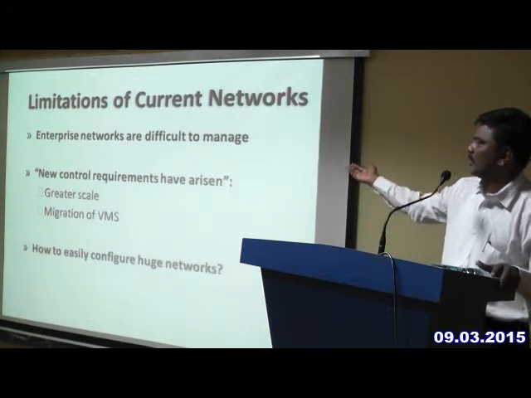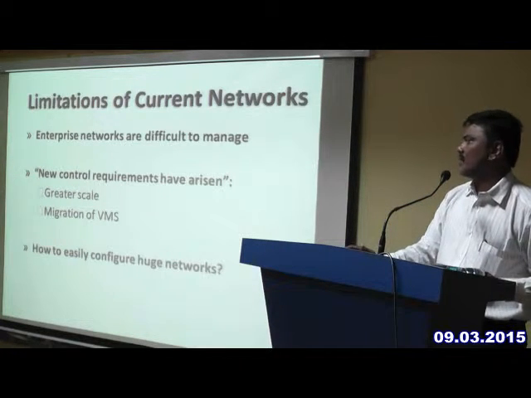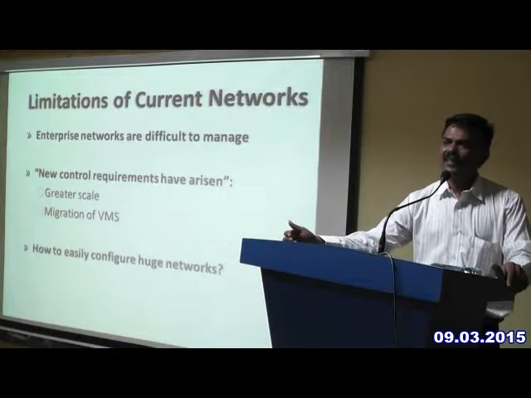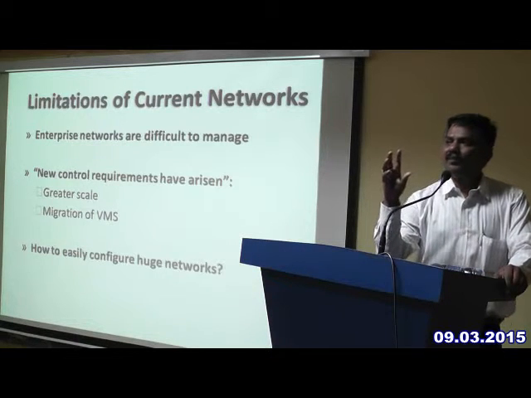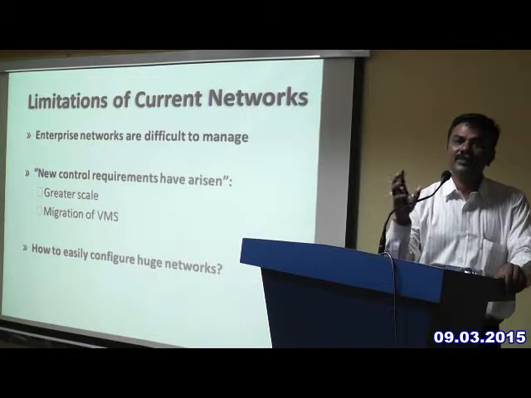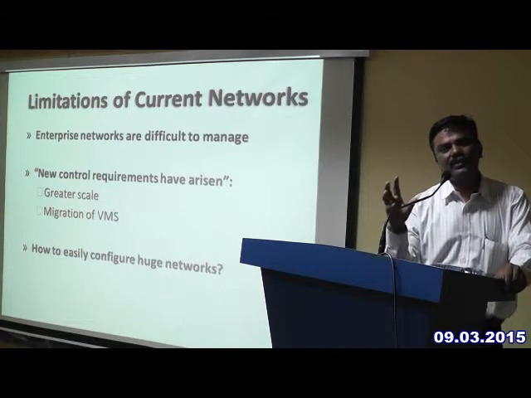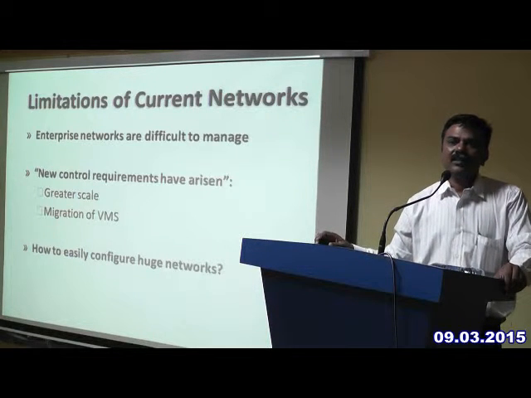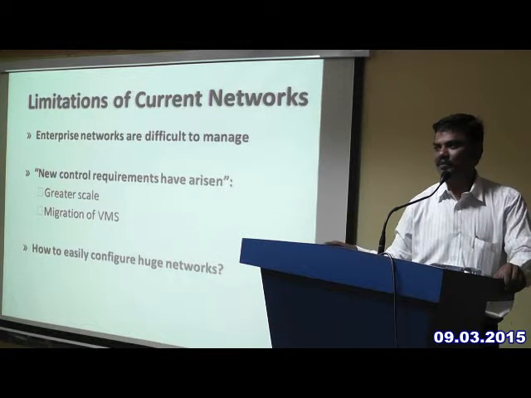So new control requirements have arisen: greater scale and migration of virtual mechanisms. What we are currently going towards is cloud computing and virtualization; you might have heard about the subject, as well as the virtual machine concept, which is very popular. For example, your college is having about 500 systems or even more.